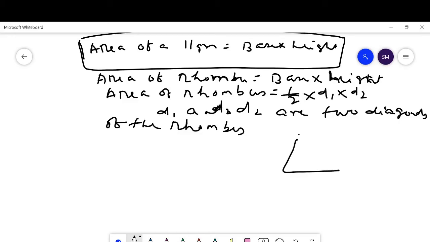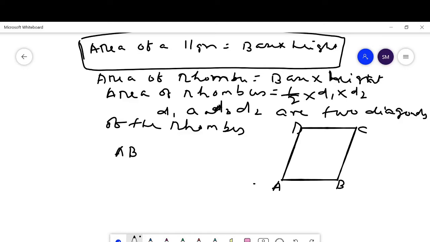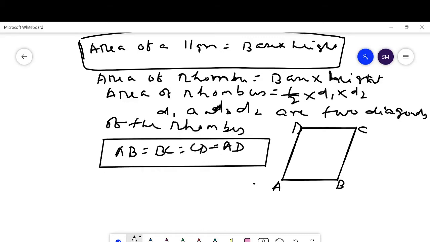Suppose ABCD is a rhombus, meaning AB is equal to BC is equal to CD is equal to AD.